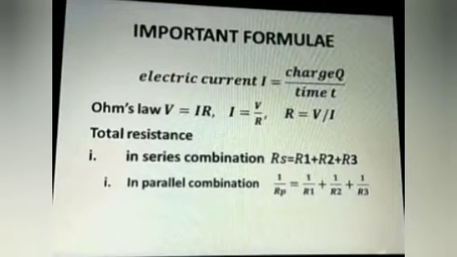In parallel combination, the reciprocal of effective resistance, that is 1 by Rp, is equal to 1 by R1 plus 1 by R2 plus 1 by R3.